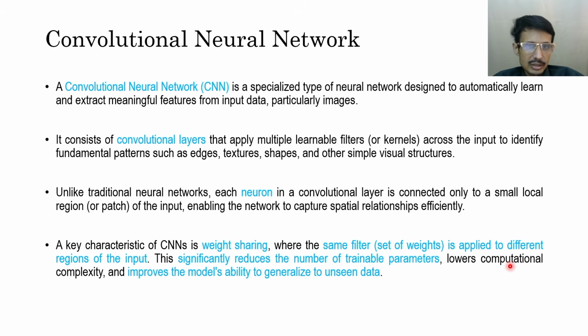As we have discussed earlier, in deep learning models like CNN, the initial layers learn very primitive patterns like edges and textures.